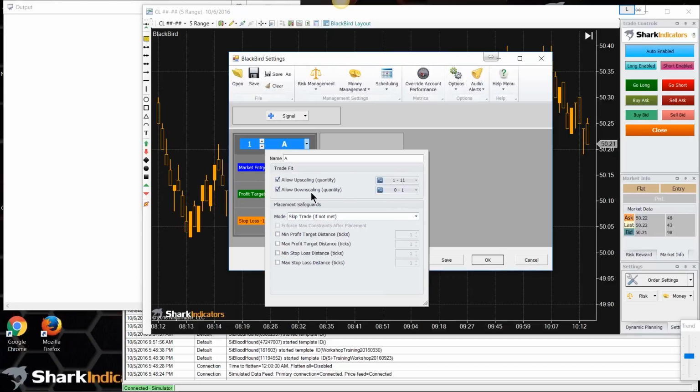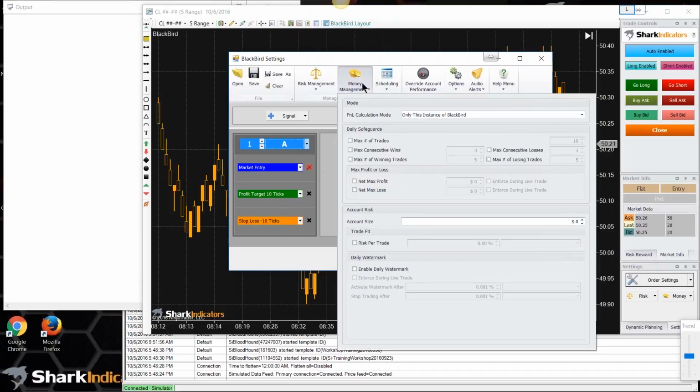Right, so the Trade Fit sections are designed to adjust the number of contracts based on various money management rules that you might have in place. All right, so you see this has a trade fit.